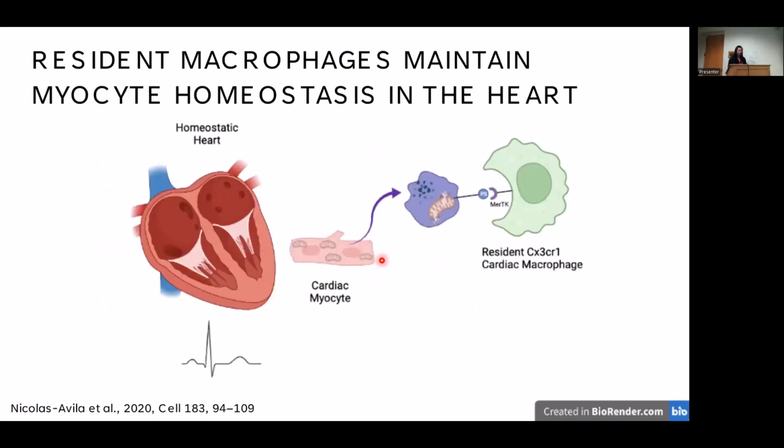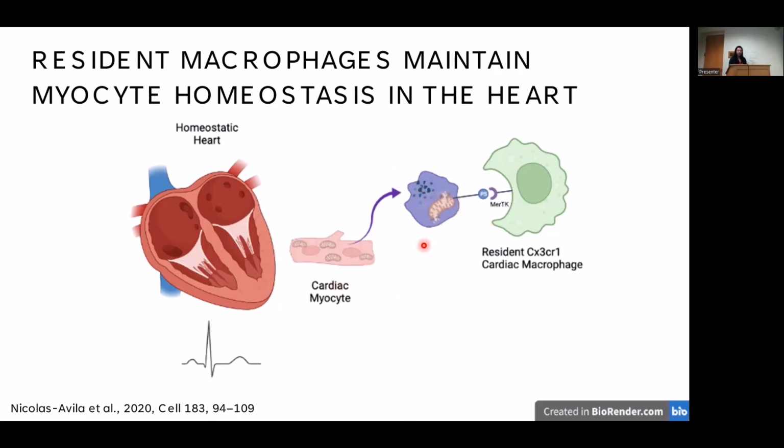Other things that we know about what resident macrophages are doing in the heart: in the homeostatic heart, the cardiac myocyte is beating constantly and constantly metabolizing different substrates, so mitochondria are getting used up, and old mitochondria are produced as byproducts of normal homeostasis.